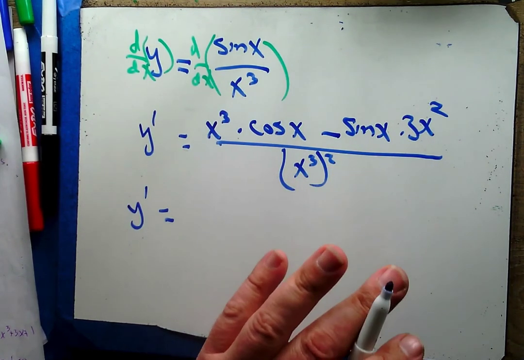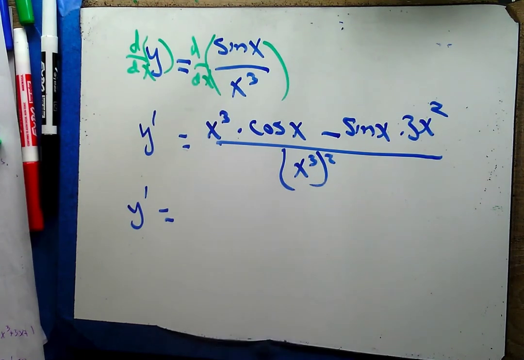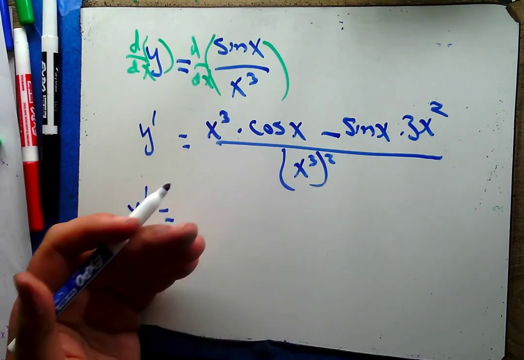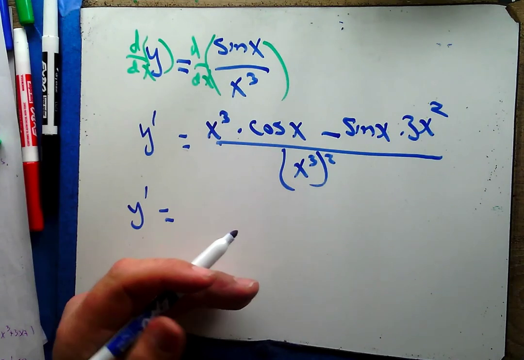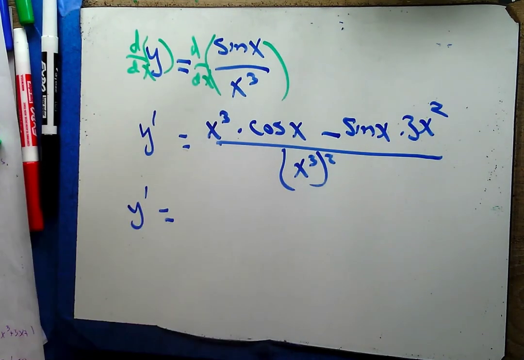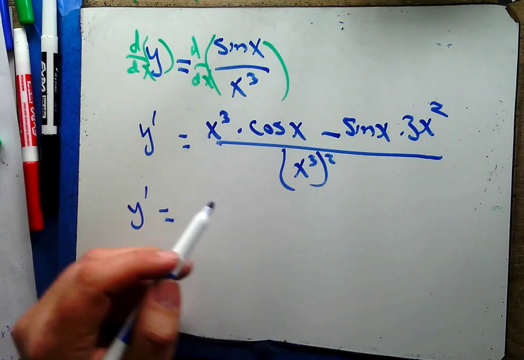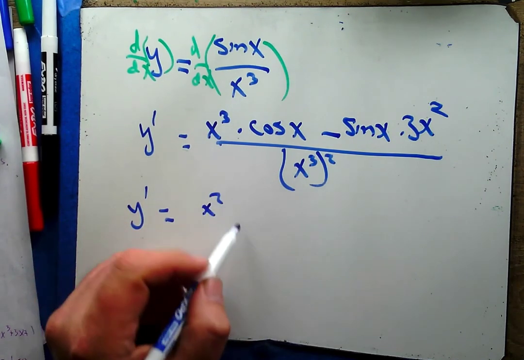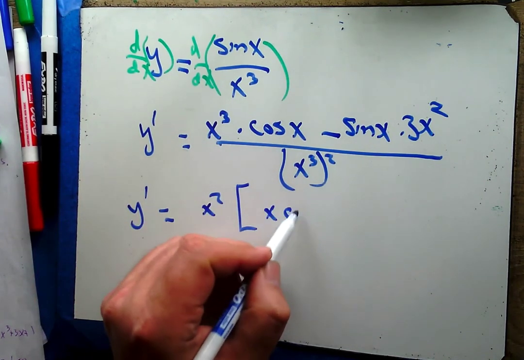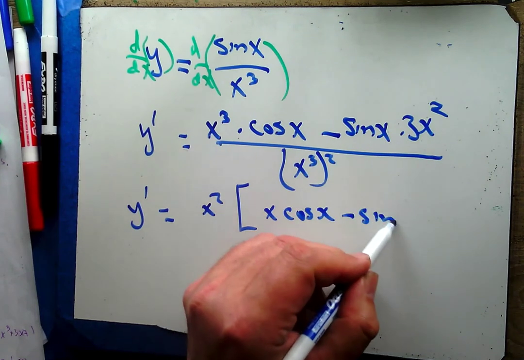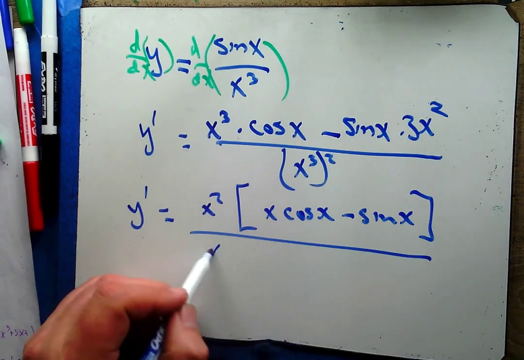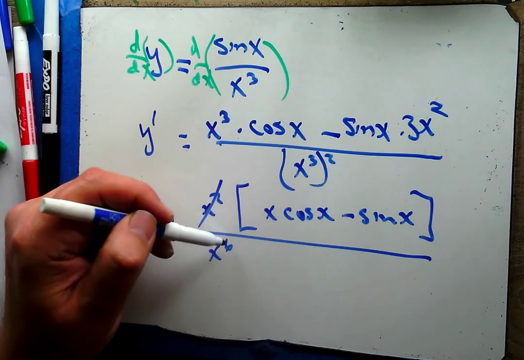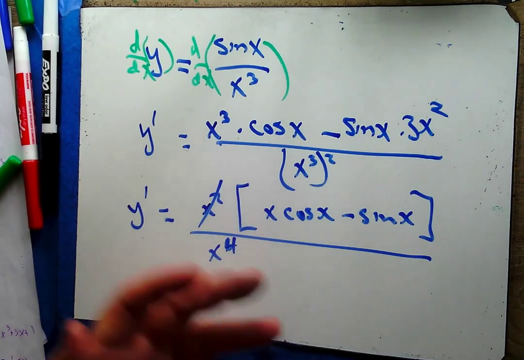That's exactly where they come from. And in chapter 5, we have to take these derivatives and set them equal to 0, and so that's why we really want to have the factored form. Okay, so here, just to take this a little further, I might take out an x squared and have x cosine x minus sine x over x to the 6th, and I could do some canceling. Okay, so there's my derivative.